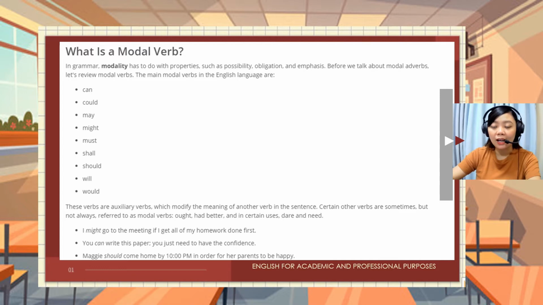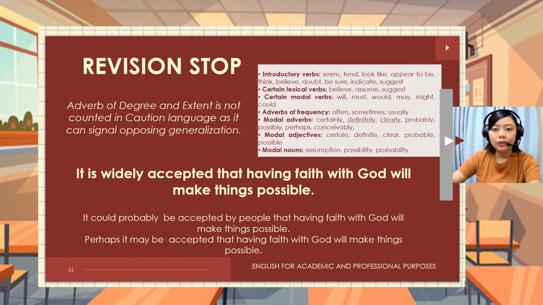To exemplify, let me move to the next slide. This is an example sentence that some of you were a little confused about: "It is widely accepted that having faith in God will make things possible." Some of you answered that this is an example of caution language because of the use of "widely accepted," which is an adverb.